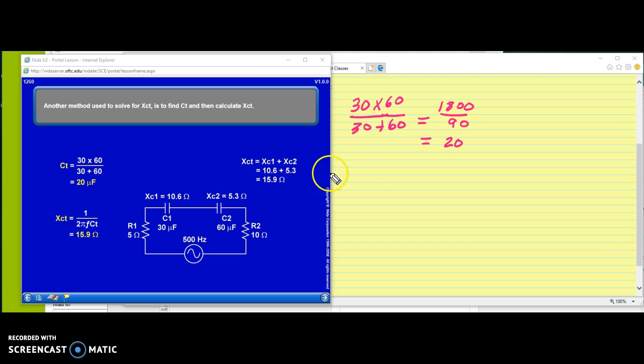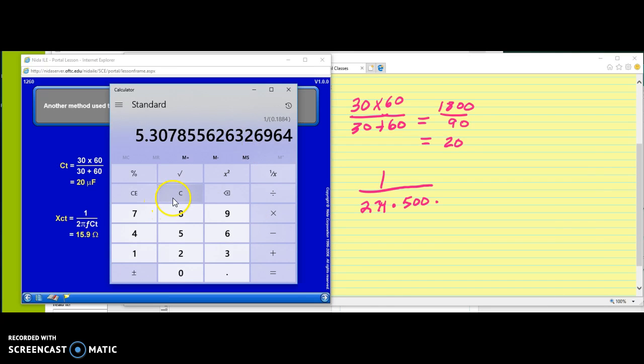And then we use that 20 in the formula of 1 over 2 pi times 500 times, and remember this is 20 microfarads, so we have to divide 20 by a million. Don't be afraid to use that calculator and get that right, because you saw what one decimal will do to us. 20 divided by 1 million is 4 zeros and then a 2.